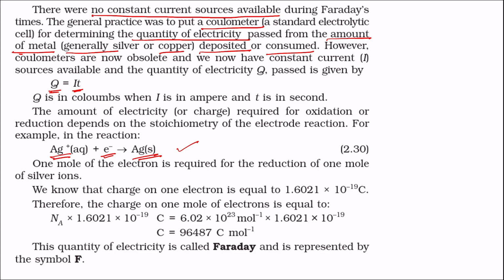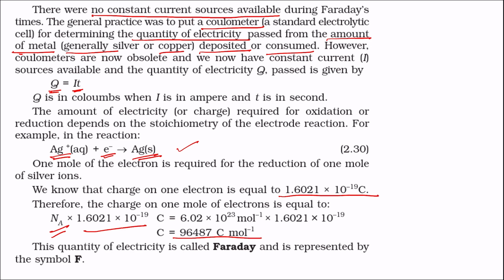So what is the quantity of charge present in 1 mole of electrons? The amount of charge present in 1 electron is 1.6021 × 10^-19 coulomb. In 1 mole of electrons, that is Avogadro's number of electrons, the amount of charge present will be Avogadro's number multiplied by the charge carried by 1 electron, and this is equal to 96487 coulomb per mole.